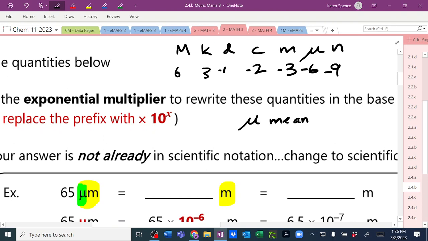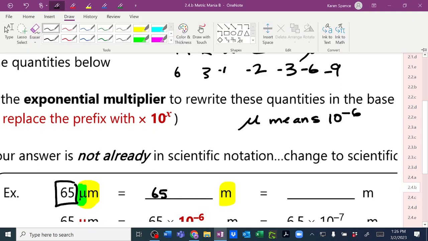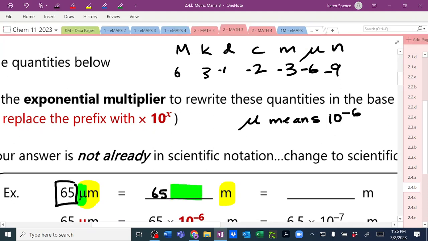Micro means 10 to the negative 6. So I can write 65, and I can replace the micro with times 10 to the negative 6. So I have gone from 65 micrometers to 65 times 10 to the negative 6 meters.